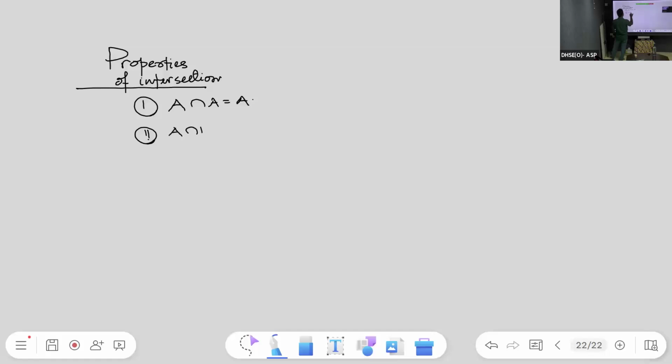A intersection B is equal to B intersection A. This is the commutative law.